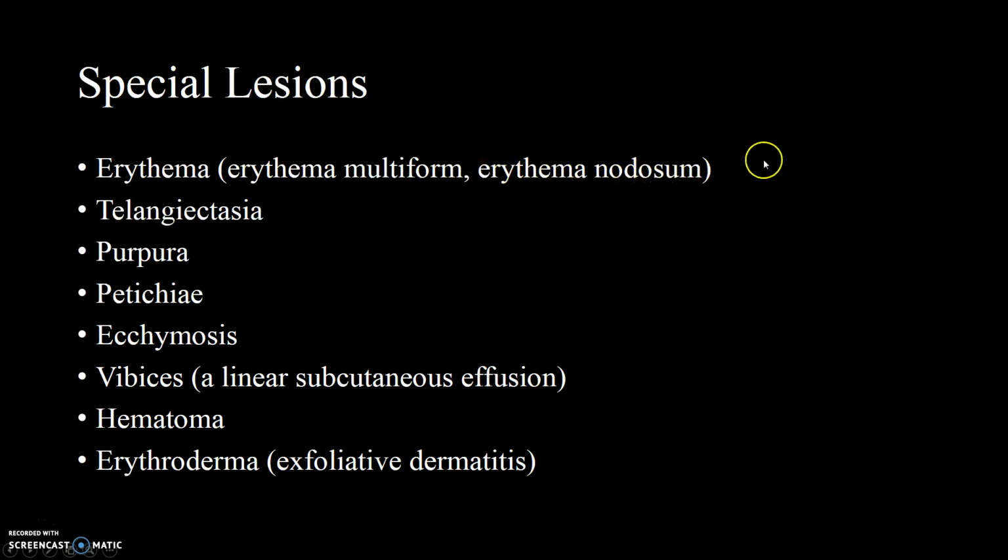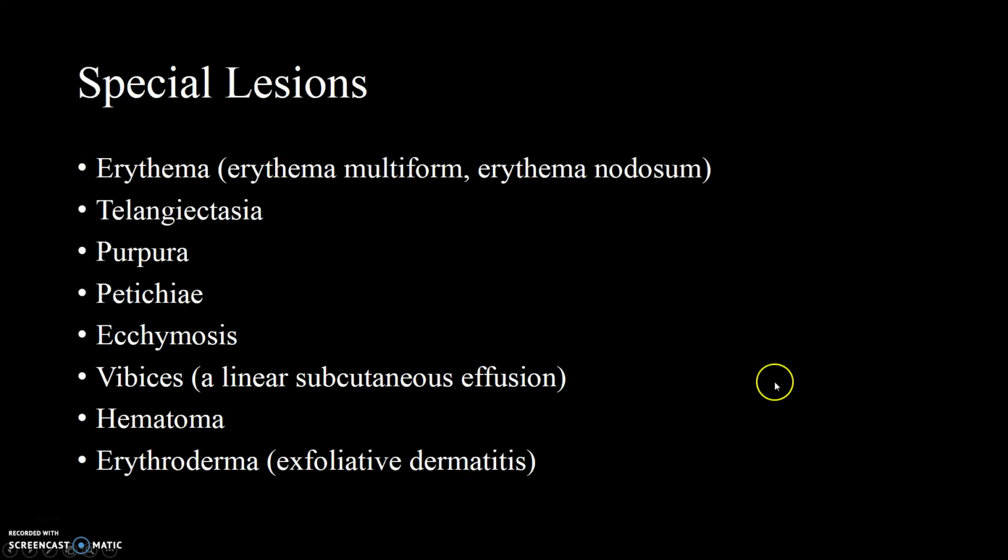Not always, but often. Telangiectasia is a vascular lesion, and I'm going to show you a visual example. Bruising is a special lesion, kind of falls in its own category. Hematoma, which is a large bruise.